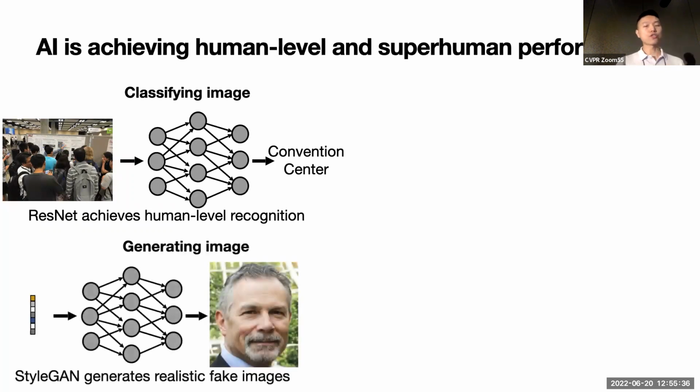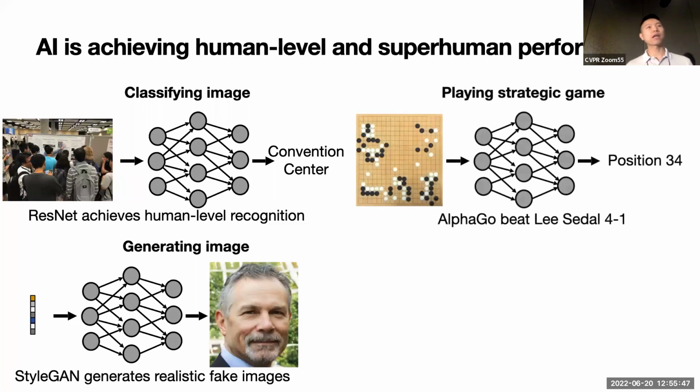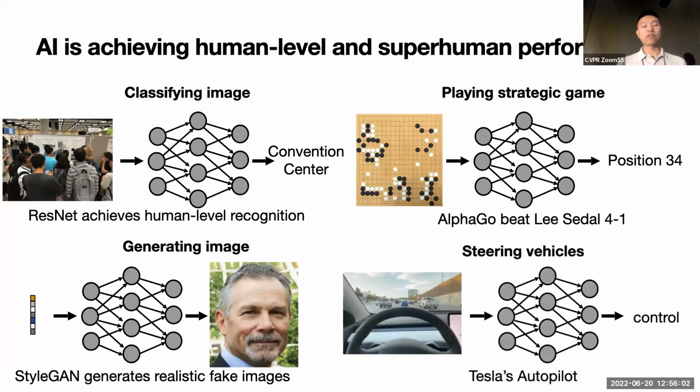And also for image generation, we have the GAN model as well as the recent diffusion model that can synthesize photorealistic images. Also in many machine autonomy applications, such as very complex strategic games, those AI models trained from reinforcement learning can outperform the best human players. Also, we have AIs that can steer vehicles in the real world.